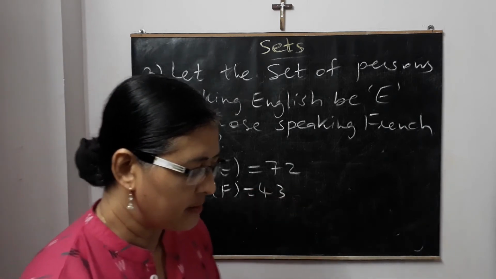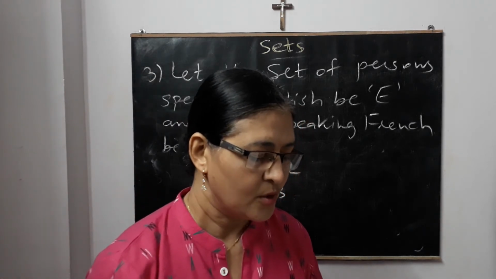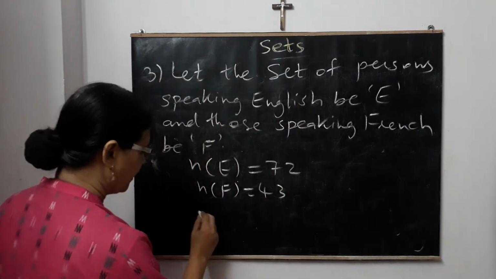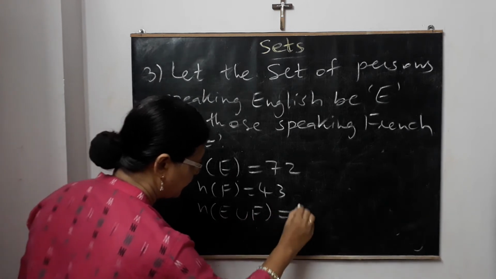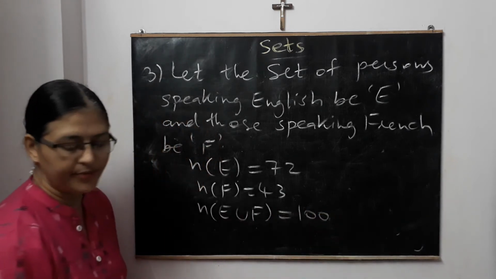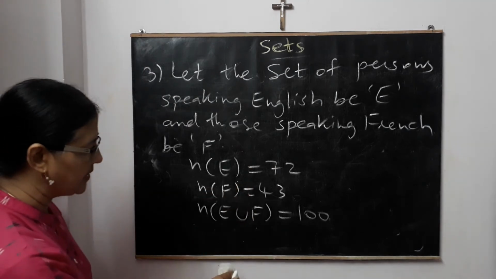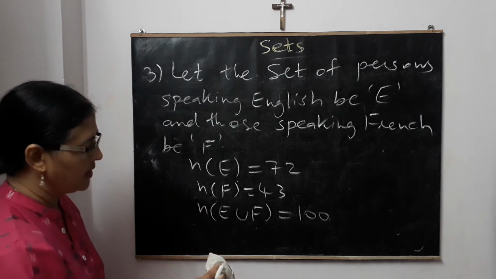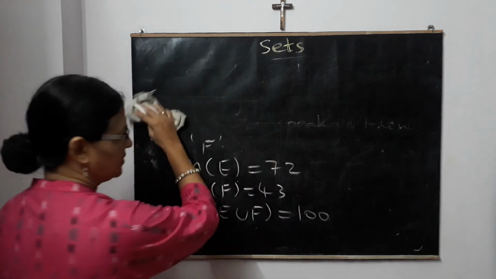And the total union is given as 100, so n of E union F is 100, and we'll find the intersection. Now you know your standard formula. This is the beginning statement for all word problems, how you have to denote a set. Then we'll use the standard formula which we have done earlier, to find the intersection.